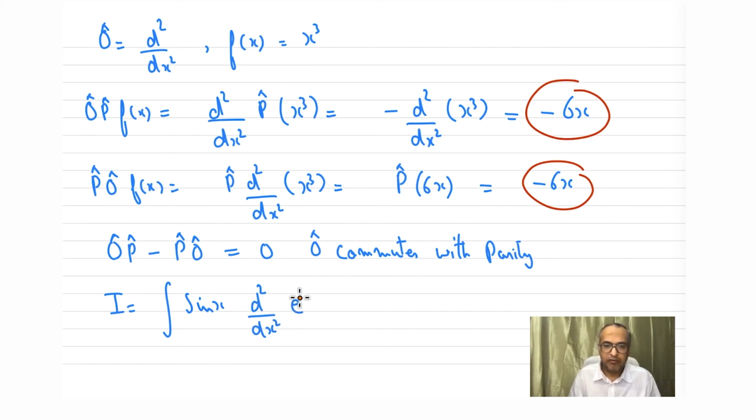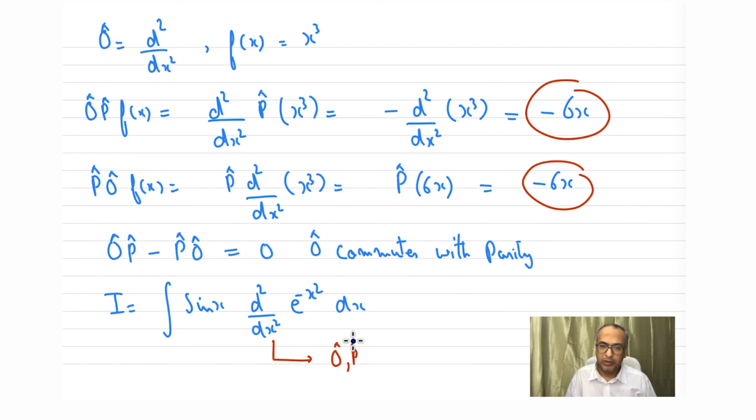Now let's say we have a function e to the power minus x square dx. By looking at it, if we can solve it, it will be really cool, right? It looks like a dreadful integral to solve, but let's see what the symmetry rules say.